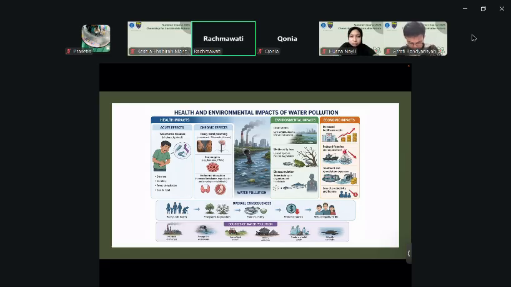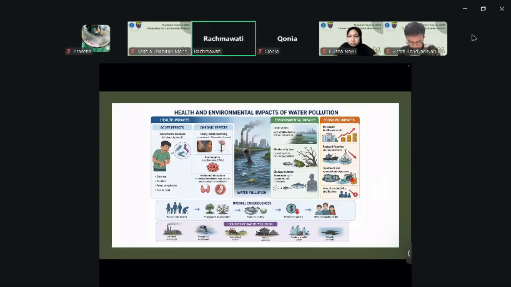And then if it is affecting the seawater, it might also reduce healthy fisheries and aquaculture. And also it can cost a lot of money for treatment and remediation expenses.